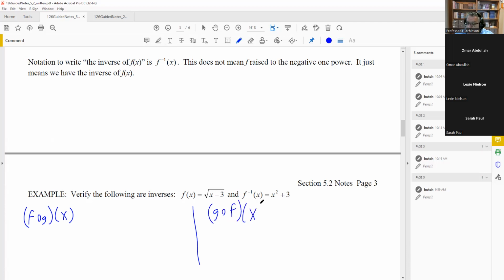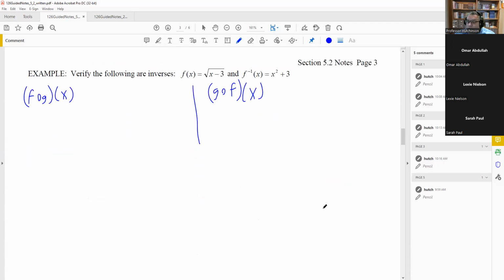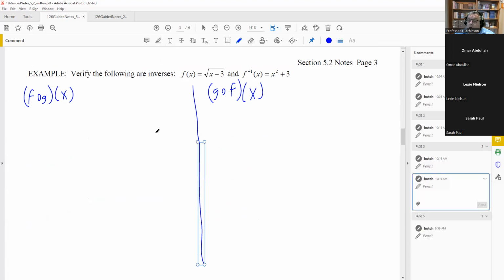Okay, so we've got this. Whenever you want to verify that something is inverses like this, you just want to show these two steps right here. This first one, f of g of x. We have g with an f of x inside.